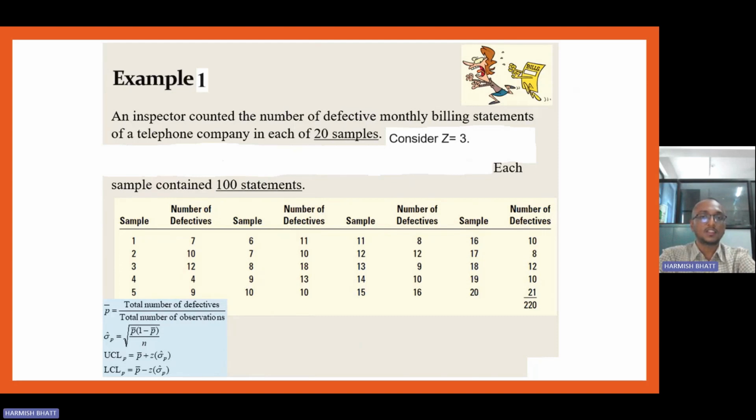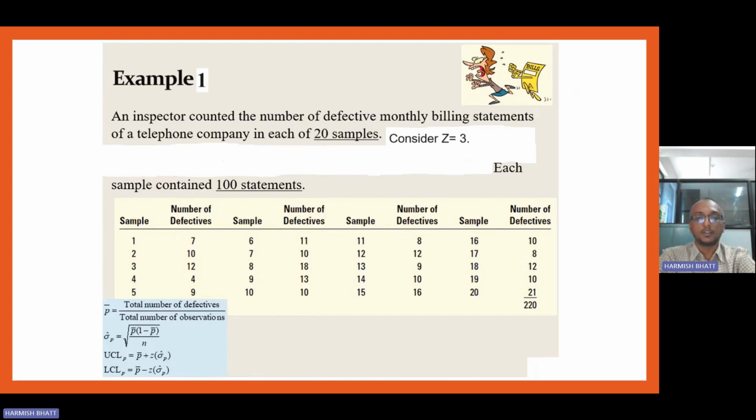So small k is nothing but 20, that is the number of samples, and small n, the sample size, is equal to 100. Sample number 1 has 7 defective bills. In sample number 2, the number of defectives is 10.